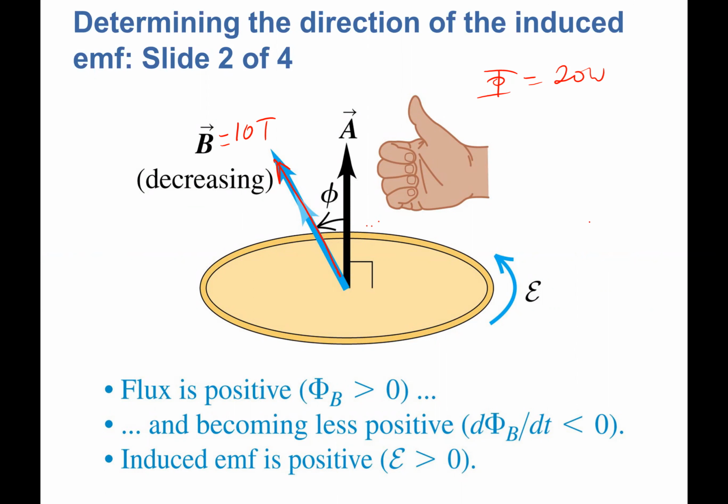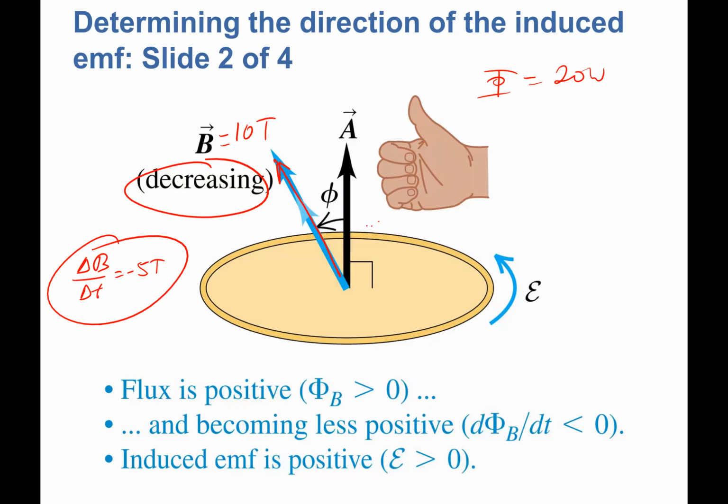But this time we're going to be decreasing the magnetic field. That means the change in magnetic field over time is going to be negative, let's say negative 2 Tesla per second. That means every second it's decreased by 2: 10, 8, 6, 4, 2. And so that means the magnetic field is decreasing.